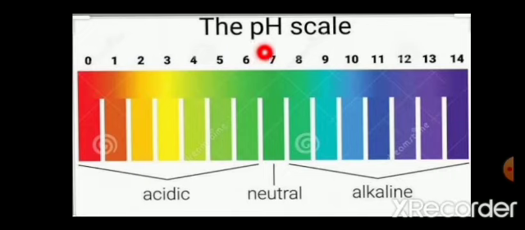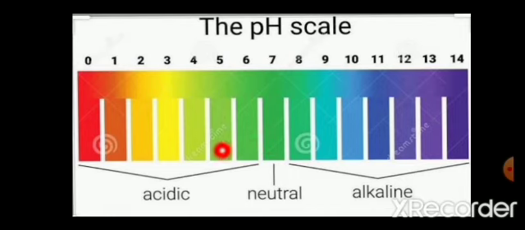The pH scale measures how acidic or alkaline a substance is. The pH scale ranges from 0 to 14. A pH of 7 is neutral. Water is neutral because it has pH 7.